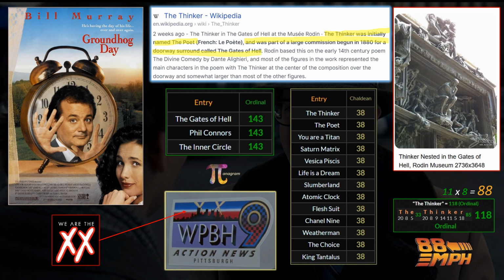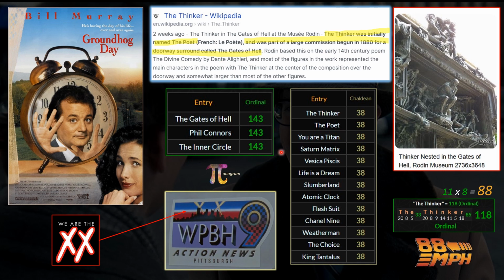So when we break down the words, the Gates of Hell, we see that it's a 143 in English, matching Phil Connors, the name of the character that Bill Murray plays, also matching the inner circle, which is the gentleman with the top hats who hold up Punxsutawney Phil. And 143 is just an anagram for pi.